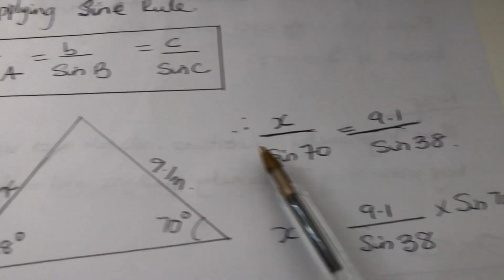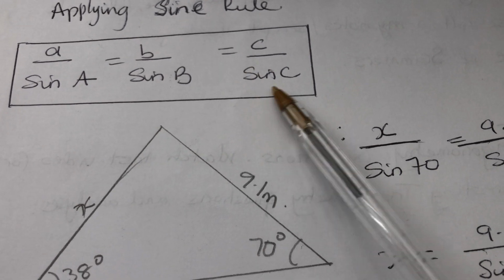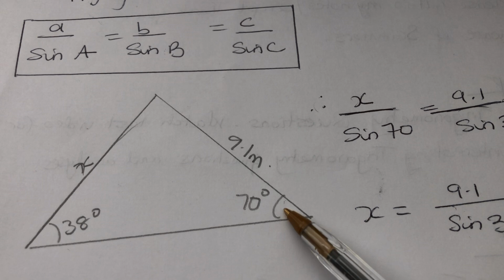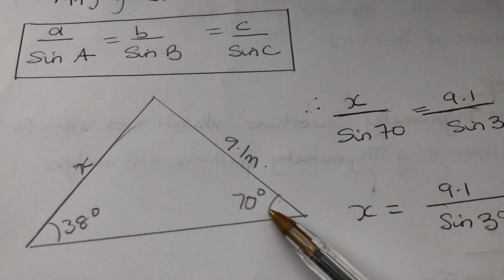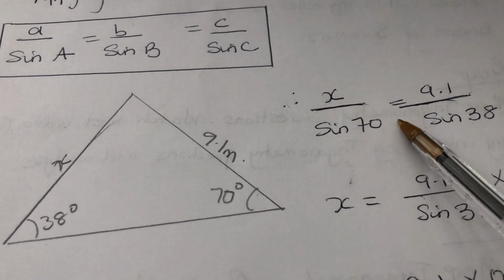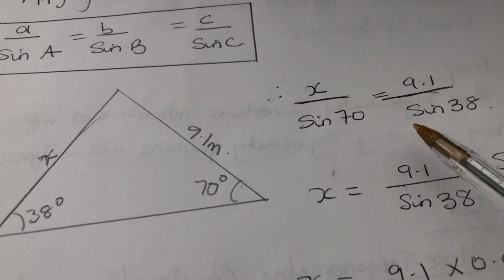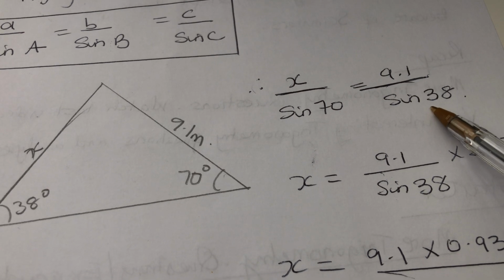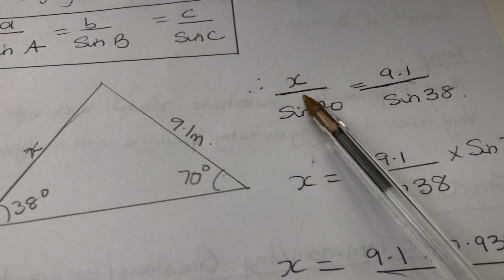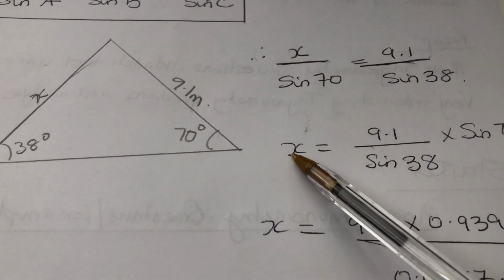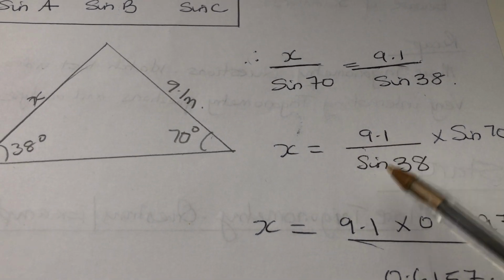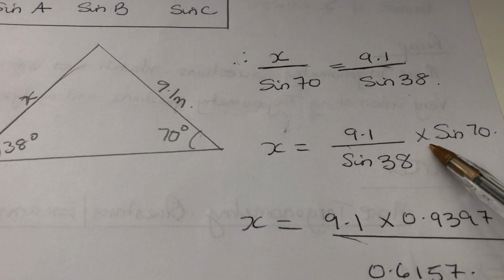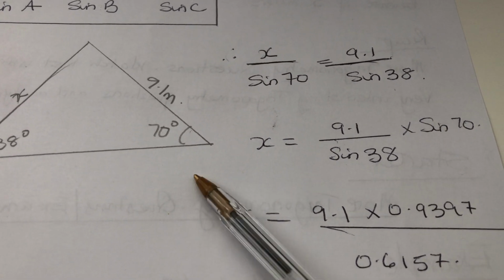So applying the sine rule, x divided by the sine of 70 equals 9.1 divided by the sine of 38 degrees. So x now will be 9.1 times sine 70 divided by sine 38.